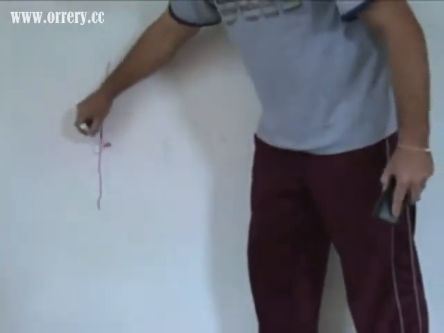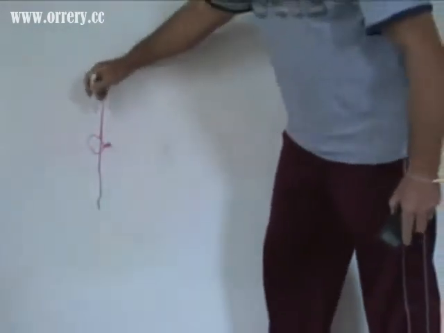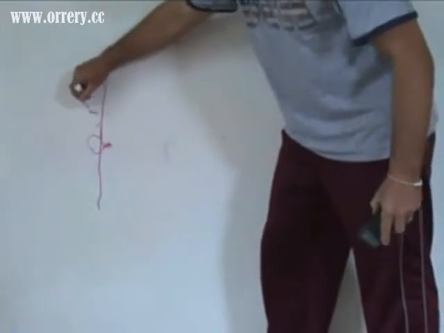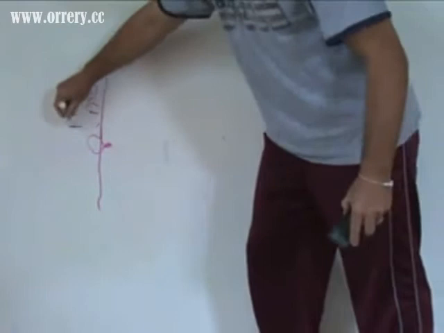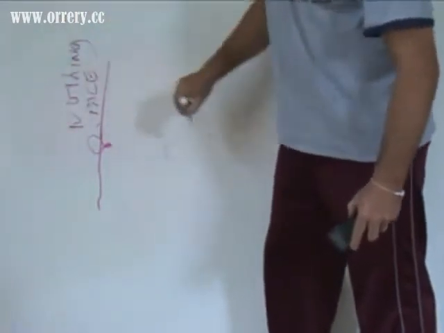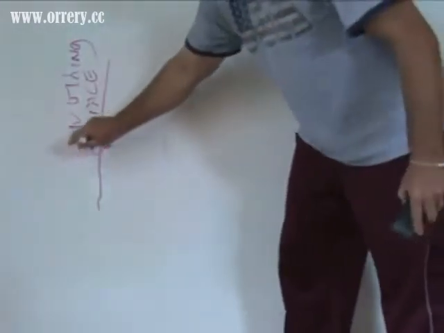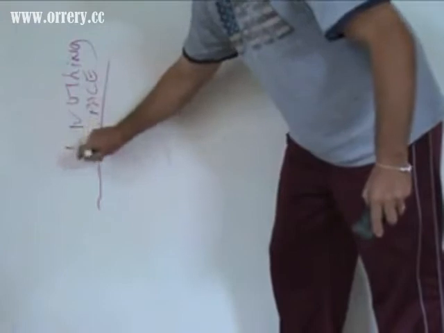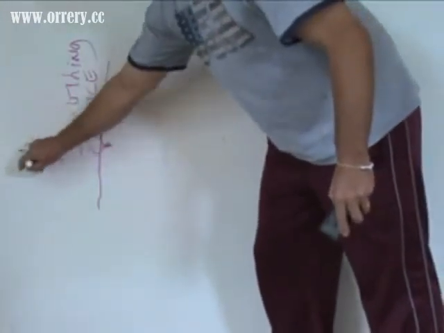Beyond that, you have zero time, zero space, you have nothing. Nothing is the absence of time. Over here, you have -1, -2, and -3, and so on.